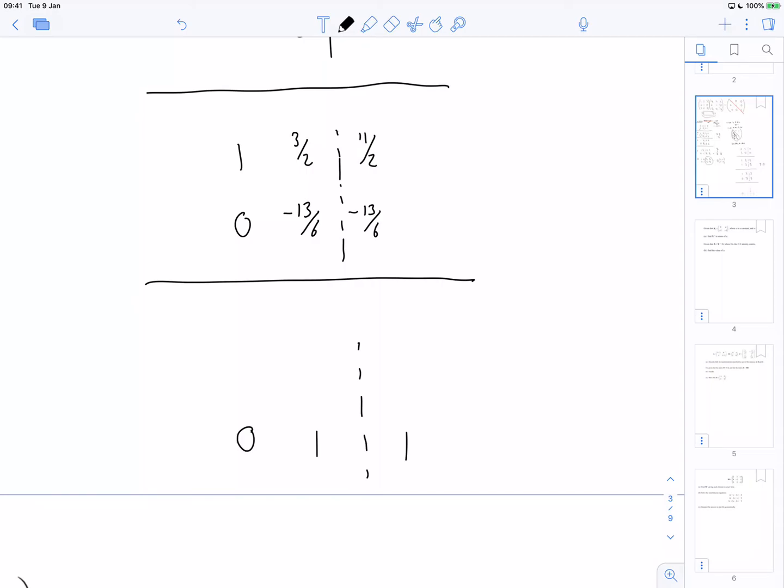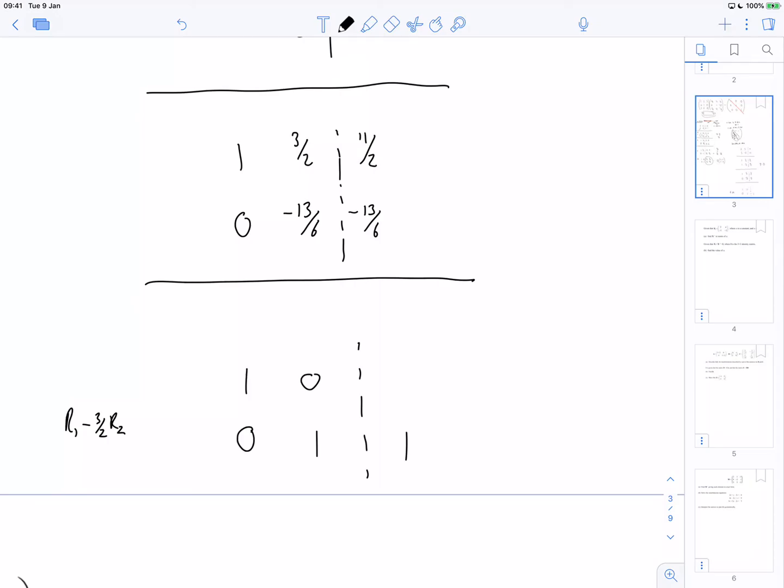And then the top row will be 1 minus 0, which is 1. And then you just do row 1 minus 3 halves of row 2. Well, this has to be a 0 by default.